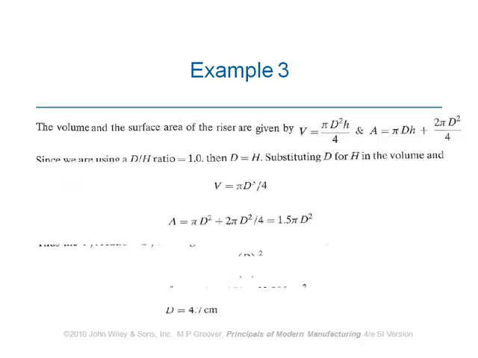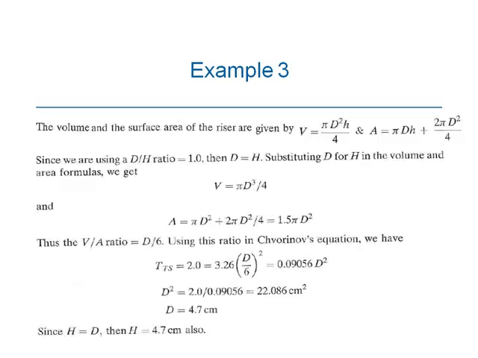Having this done, we achieve a V over A ratio which is equal to this. D divided by 6 or H divided by 6, it's the same. Okay? Then what is left is to substitute this ratio in the, say, solidification time equation.